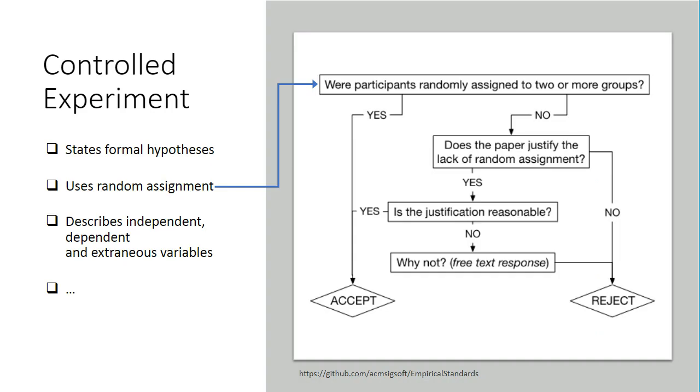Now, some of you may be worried that the standards impose an oversimplified, reductionist view of science. We've thought of that a lot. To prevent reviewers from using the standards in an inflexible, gotcha-like manner, each essential attribute is paired with a simple decision tree.